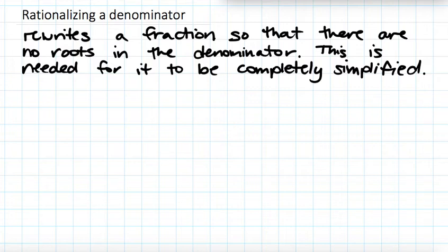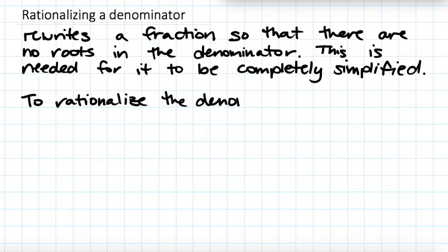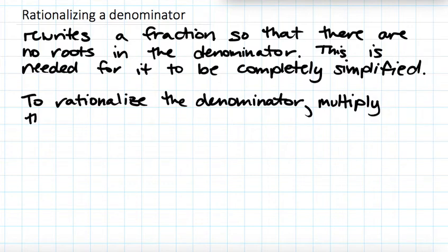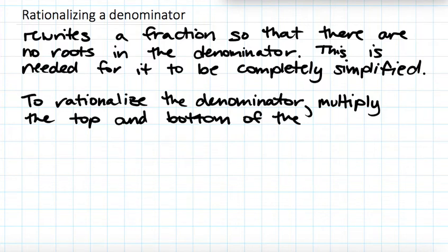So to rationalize the denominator, what you need to do is multiply the top and bottom of the fraction by whatever root is in the denominator.